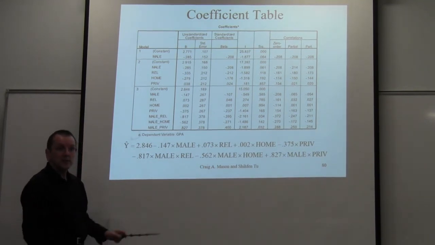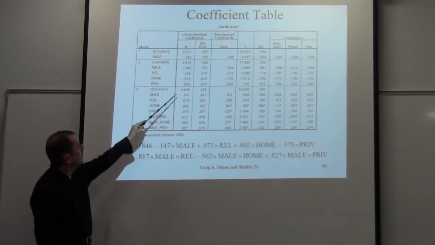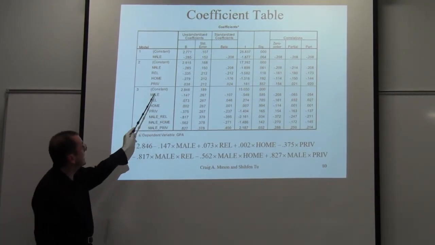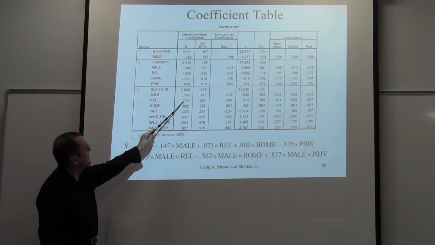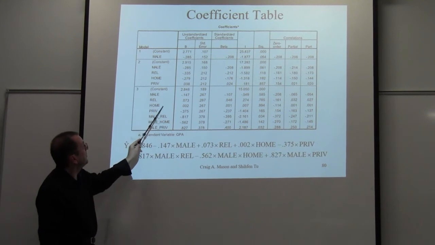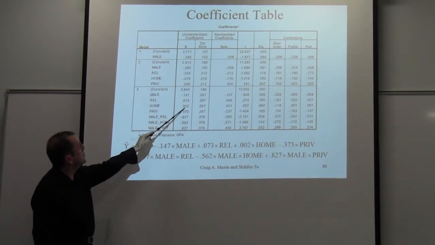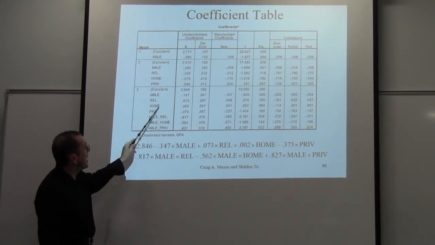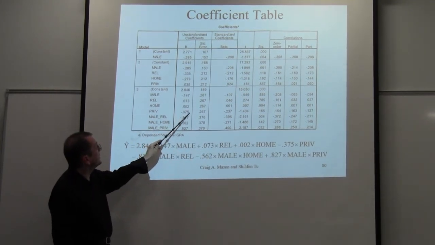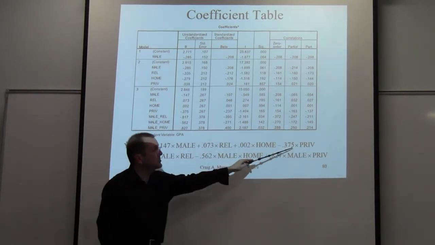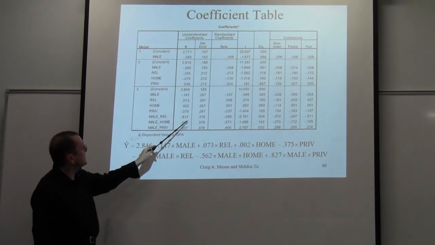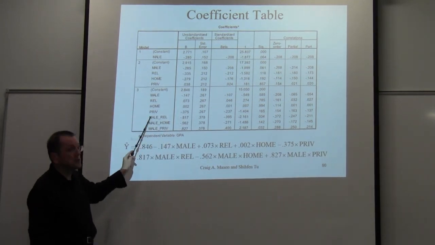It's kind of long, but you want to write it out. 2.846 minus 0.147 times male plus 0.073 times religious school plus 0.002 times homeschooling minus 0.375 times private schooling minus 0.817 times this interaction.